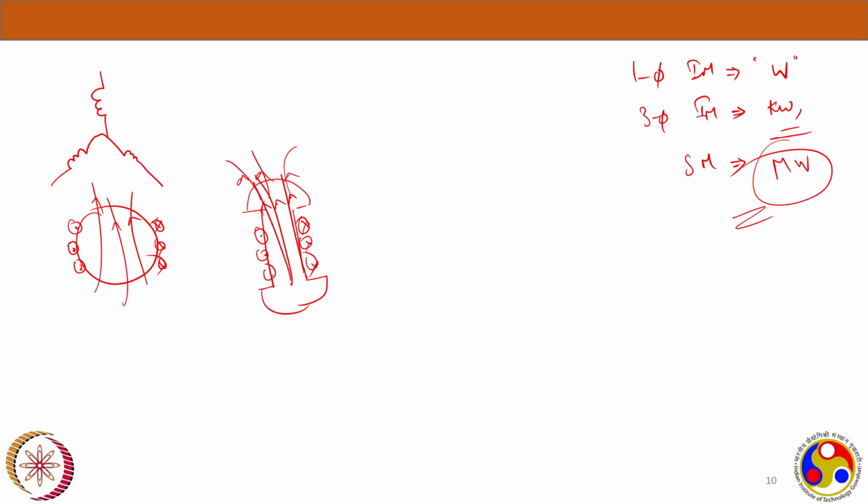Now we know that if the stator is carrying balanced three-phase current, it will produce an RMF, a rotating magnetic field, rotating with the speed of Fs. That's good. Now if we are exciting the rotor with a DC, what will happen? Will there be any rotating magnetic field?